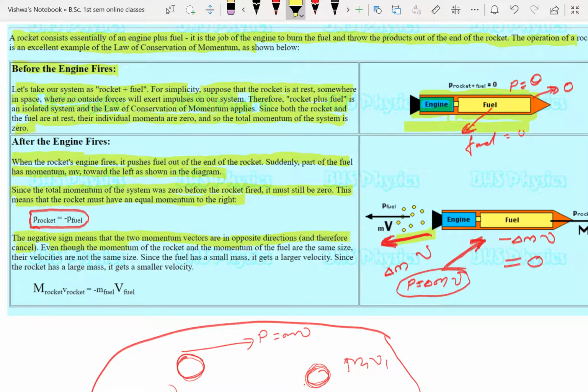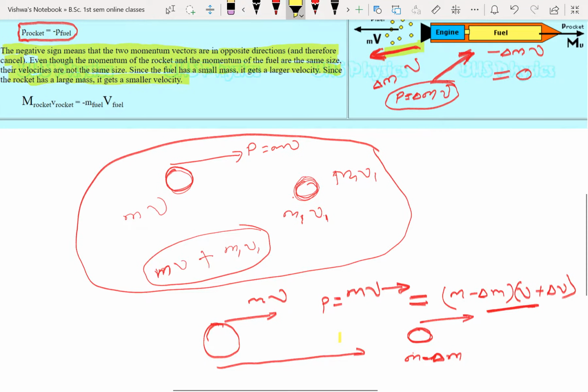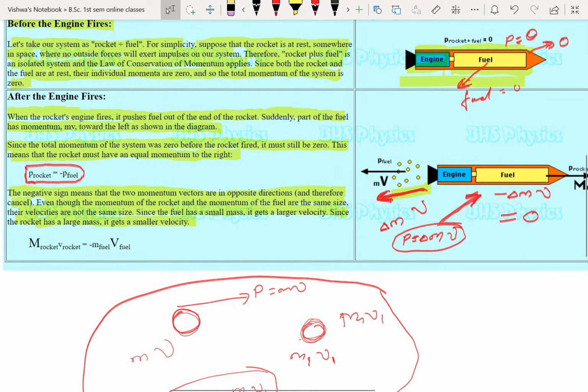When the momentum of the rocket and the momentum of the fuel are the same size, their velocities are not the same. Since the fuel has a small mass, it gets a larger velocity. Since the rocket has a larger mass, it gets a smaller velocity. As I explained here, to maintain a constant momentum, if one variable decreases, another variable should increase. Here the mass of the fuel exhausted is less.